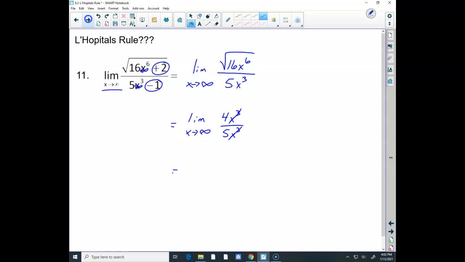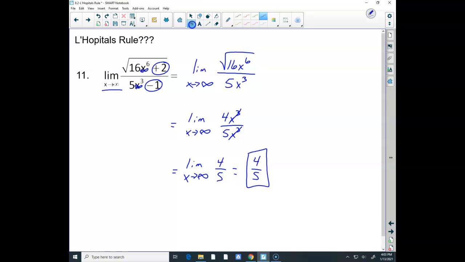Those reduce. It's really the limit as x goes to infinity of 4 over 5. So this limit is going to be 4/5 in the end. It's probably never going to reach it, but that's my limit, okay?